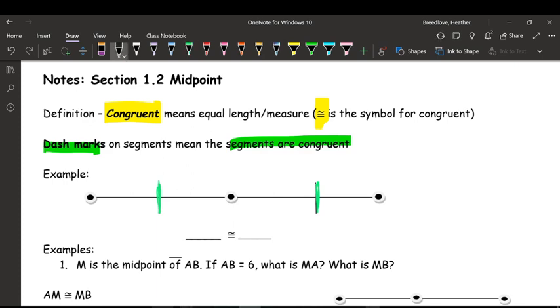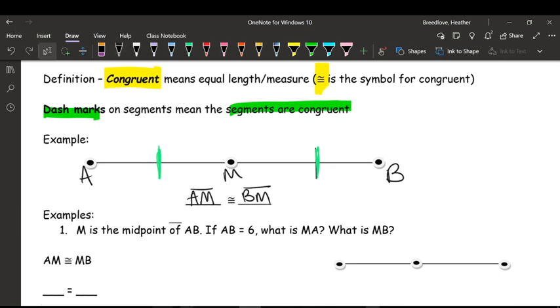So here, if I have this labeled A to B, and we have midpoint M, then segment AM is congruent to segment MB. No, BM. Minor difference. Don't worry about that too much. All right, so it means it's exactly the same distance from each endpoint.